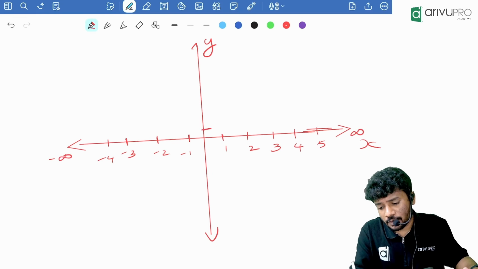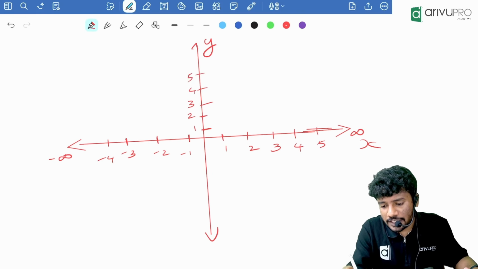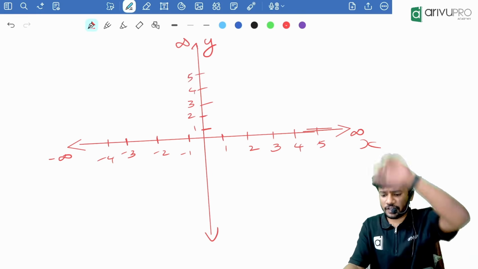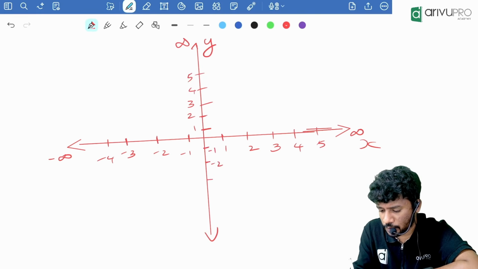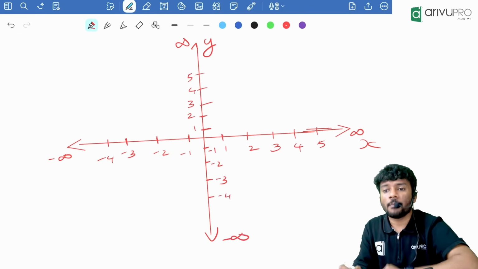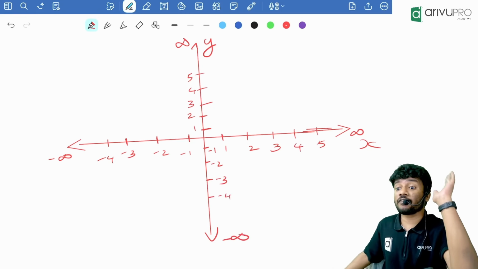To the upside it will be 1, 2, 3, 4, 5, etc., till the infinity. Then down it will be minus 1, minus 2, minus 3, minus 4, etc., minus infinity. That's how a graph looks like.